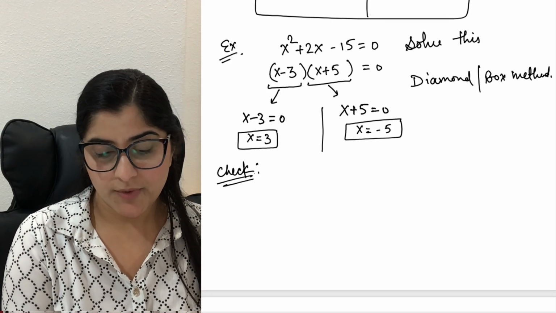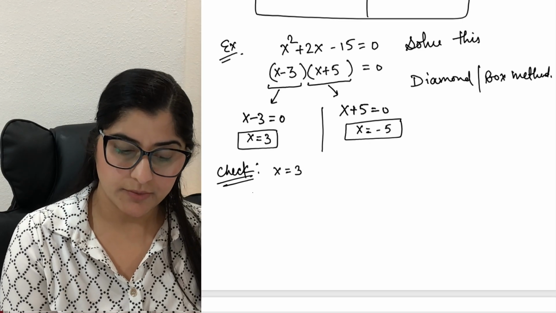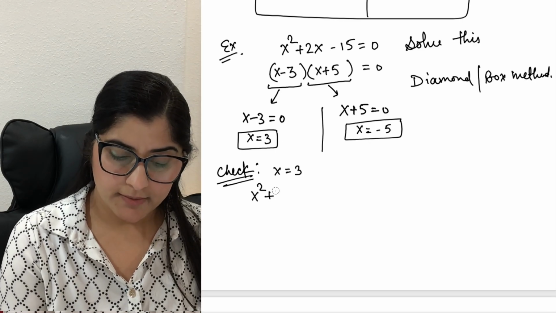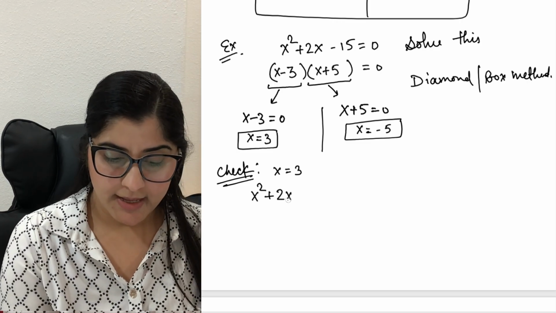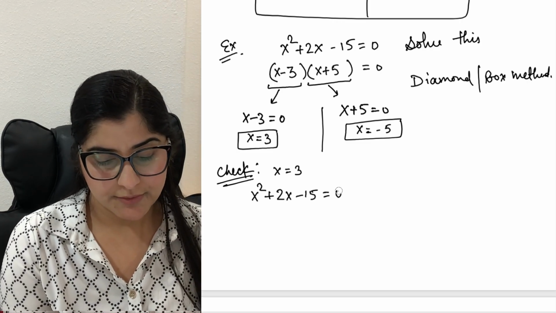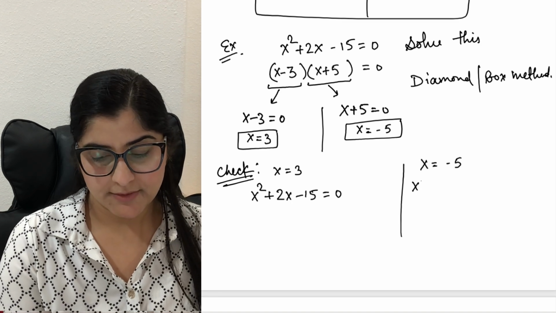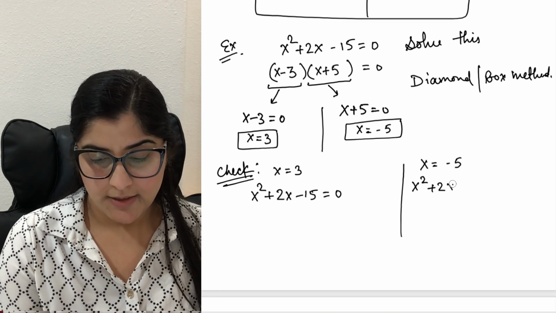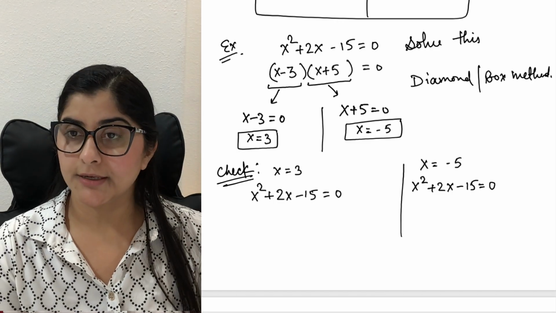How to check? One by one, substitute the solution in the original equation: x squared plus 2x minus 15 is equal to 0, with x equal to 3 and x equal to -5. We will check whether both solutions are correct or not.